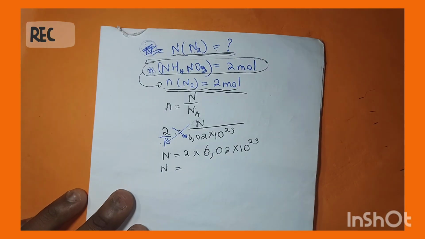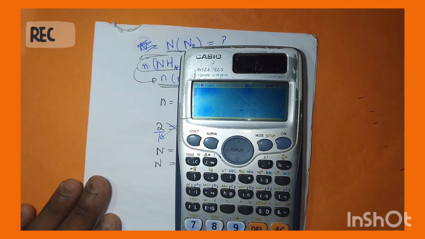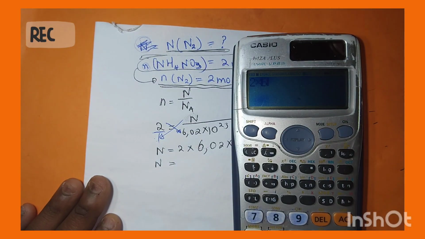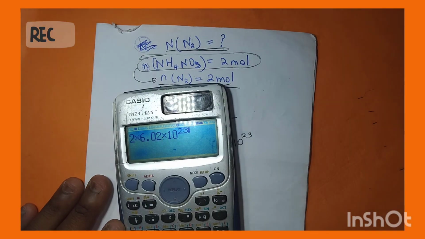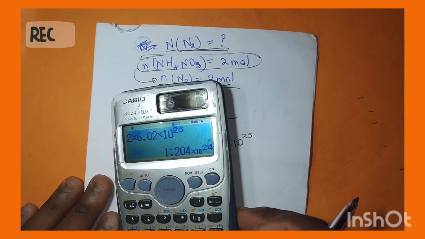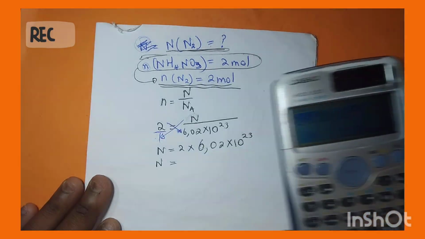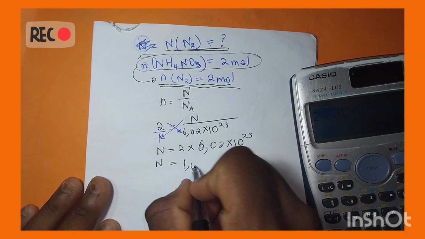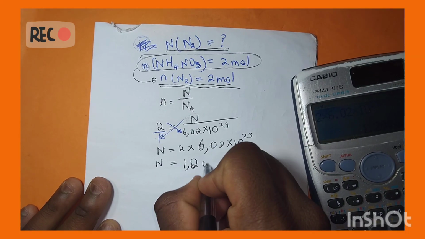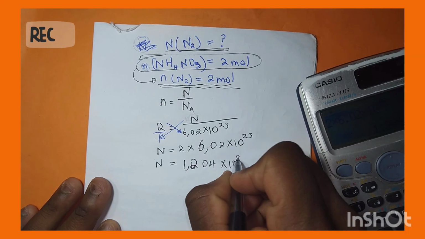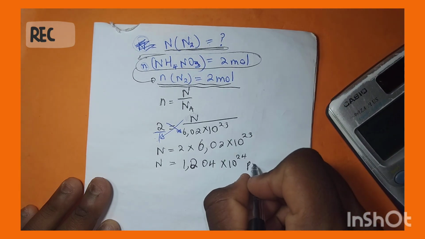I love this topic, yes. It is this multiplied by that: 2 times 6,02 times 10 to the power 23. The reason I love this topic, guys, is that it includes calculations.